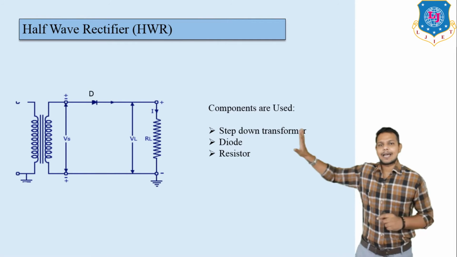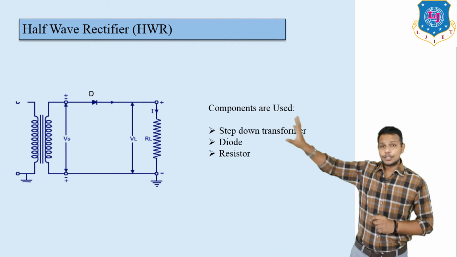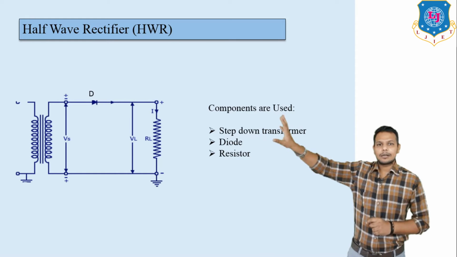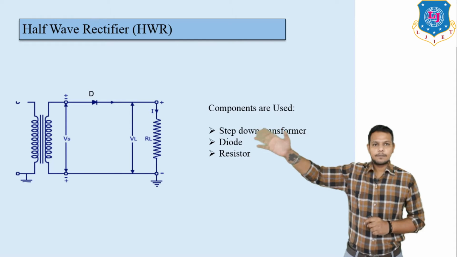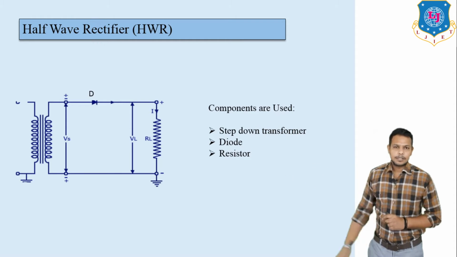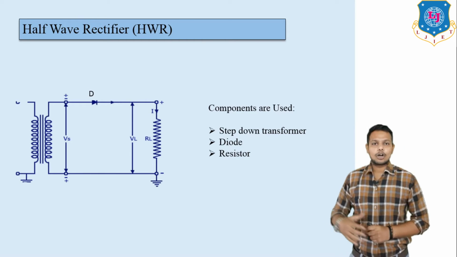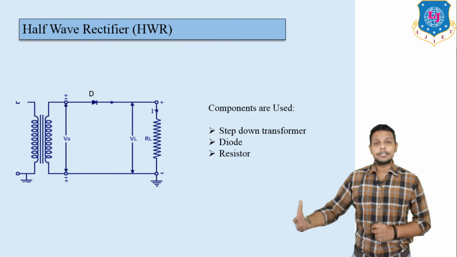This is the circuit diagram of the half wave rectifier, in which we use a step down transformer, one PN junction diode, as we discussed in earlier lectures, and lastly a resistor. This resistor is known as the load resistor. Across the load resistor we will get the load voltage.